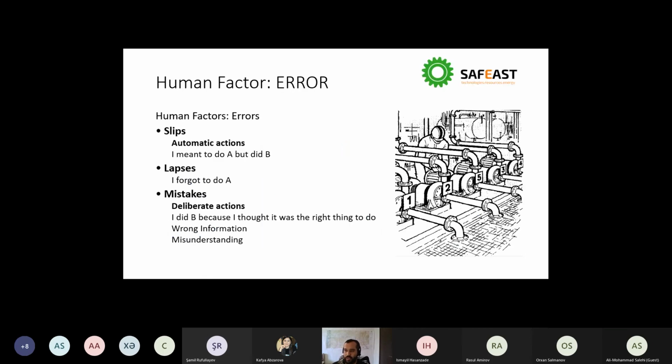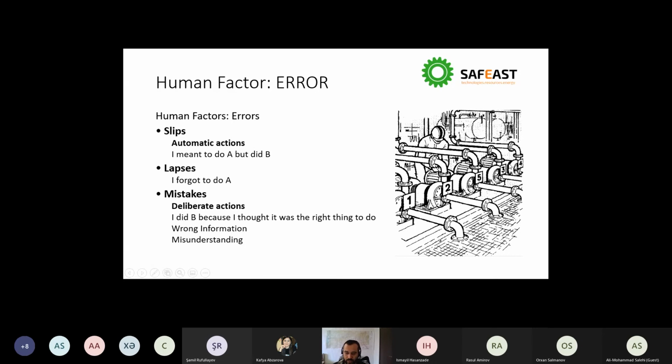So this is one of the examples. I don't remember which site that was. They initially put four pumps, as you see, 1, 2, 3, 4, and they left some space between them for separation, so that if there is a fire, let's say, it could only engulf the second one and doesn't escalate to the other one.